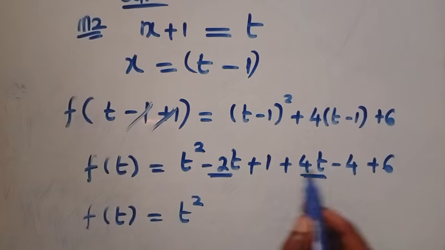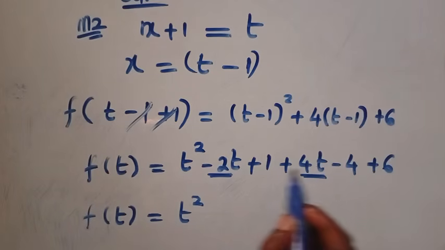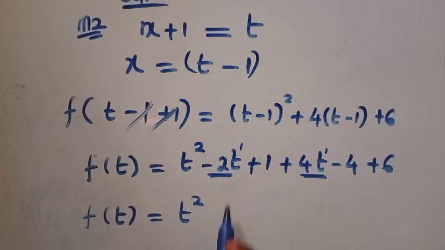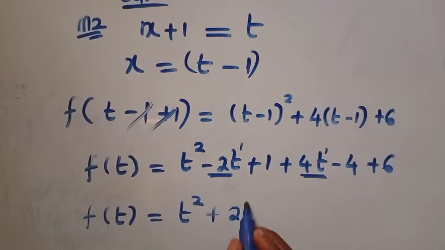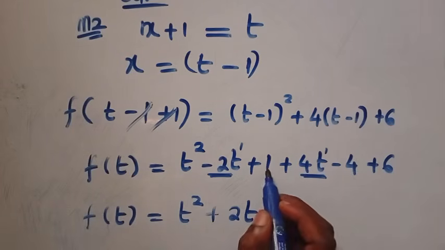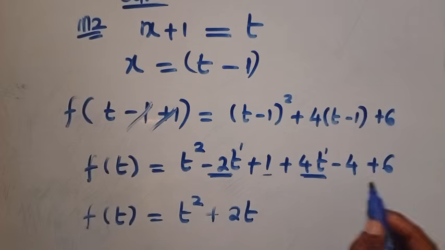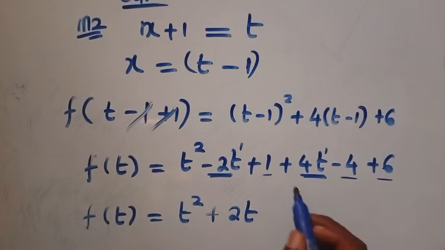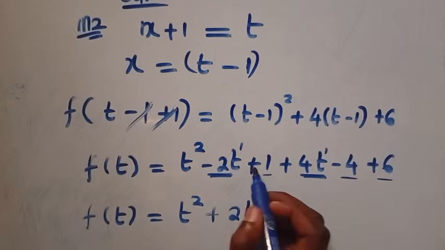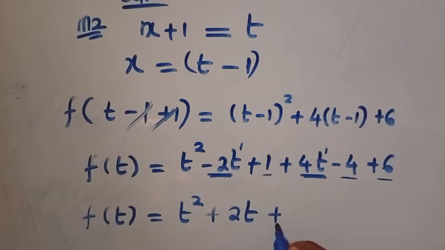They have the same order. This is order 1, this is order 1, so it is easy for us to pair them together. Minus 2t plus 4t, that is plus 2t. Then there are constants here, 1 minus 4 and 6. 1 minus 4 gives us minus 3, and minus 3 plus 6 gives us plus 3.